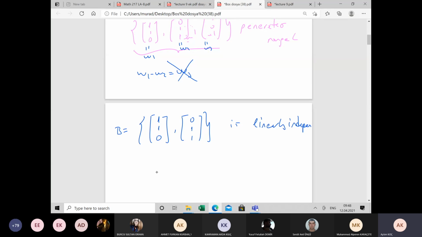This is a basis for the range of L. So what's the dimension?